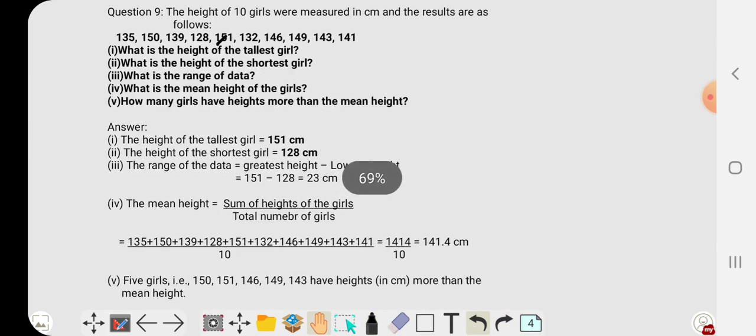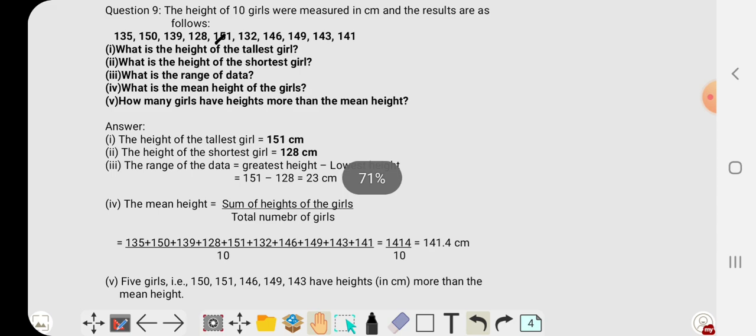Question number 5, the fifth part of this. They are asking how many girls have height more than the mean height. The mean height is 141.4. So how many girls have a height more than this? You can check here. Yes, this is greater. This is also greater. Yes, this one is greater. This one is greater. And this one. Okay.